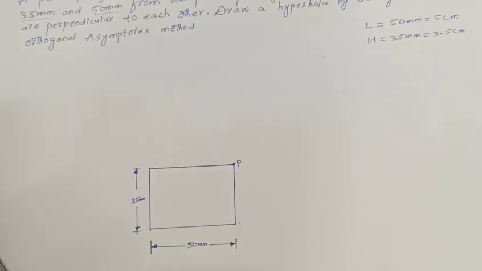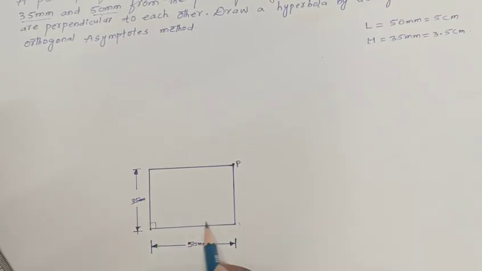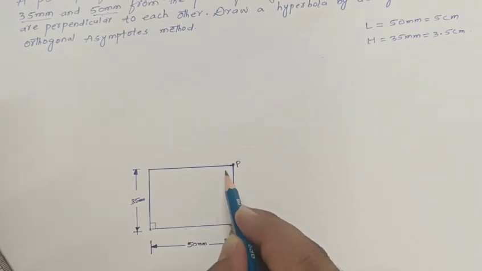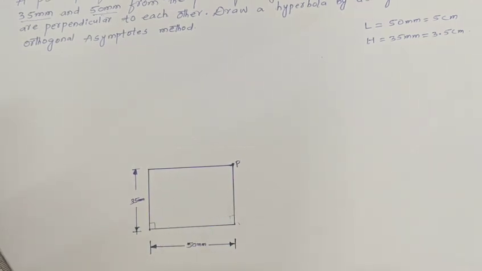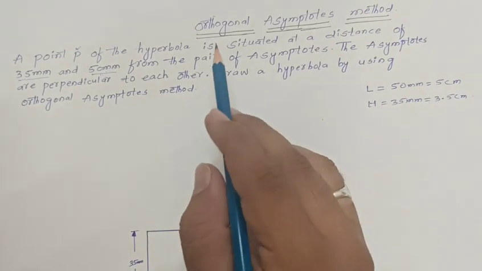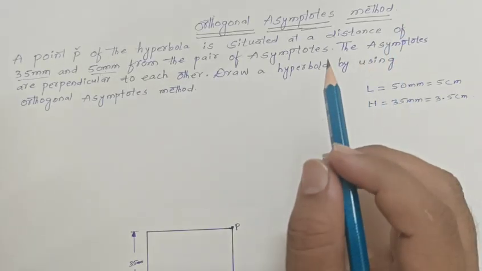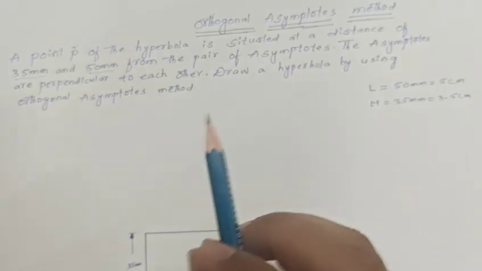Clear? If you observe this figure, each point is making an angle of how much here? 90 degree. Do you agree or not? This line is making an angle of 90 degree and this line is making an angle of 90 degree. Each line is making an angle of 90 degree.